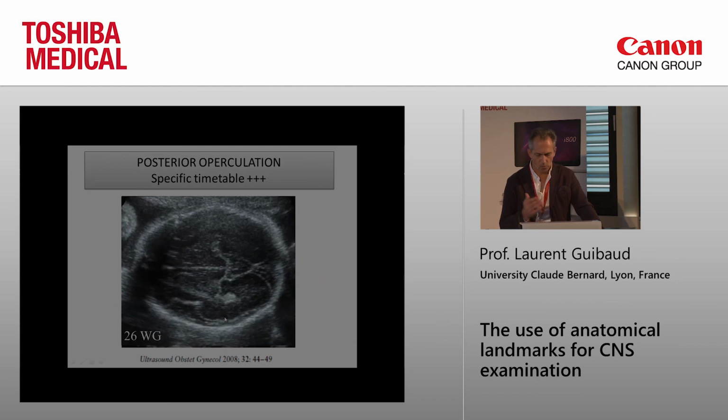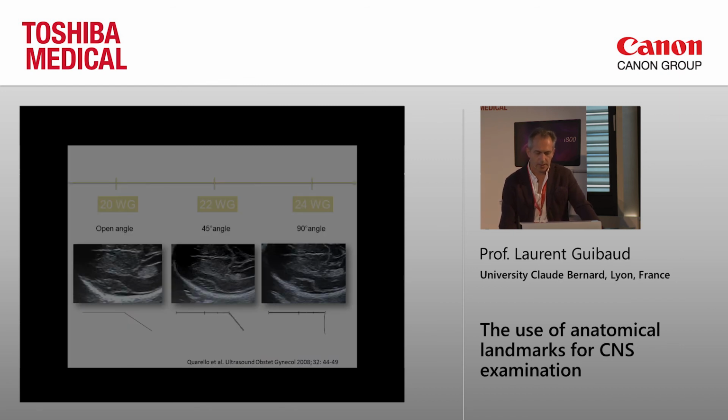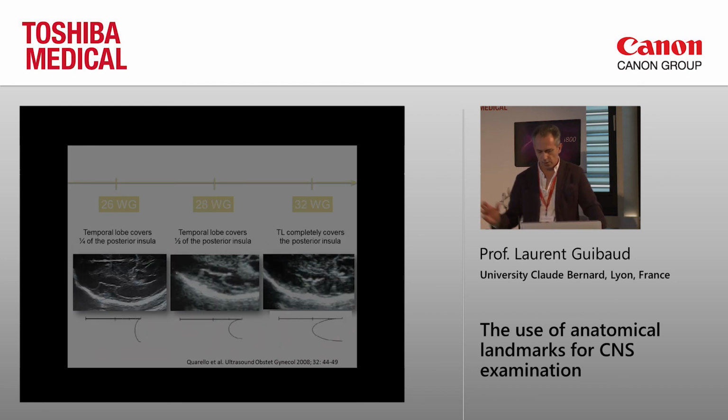So with all this, you can have an idea of the maturation of the brain with a precision of 10 days, as we published in 2008. So this is an open angle at 22, 45 degrees at 22, 25 at 22, 24, 90, and the covering of the posterior part of the insula.